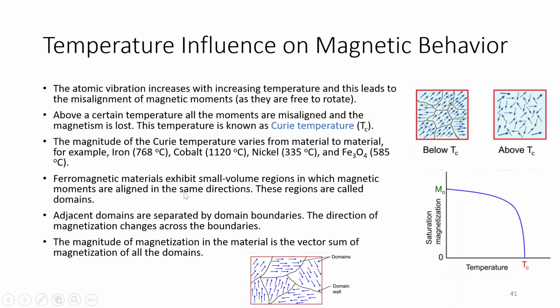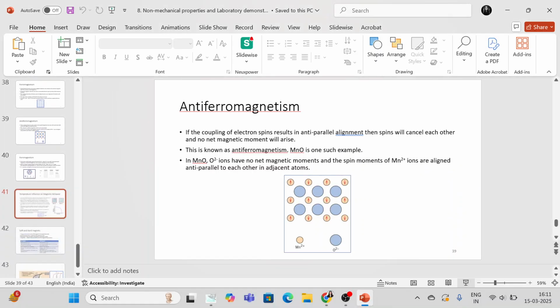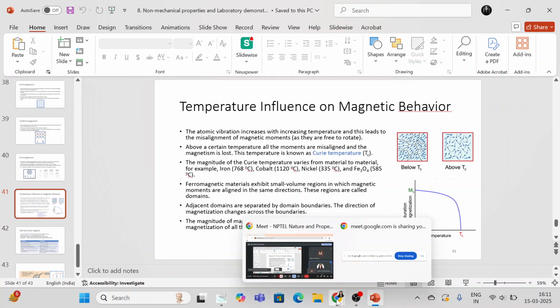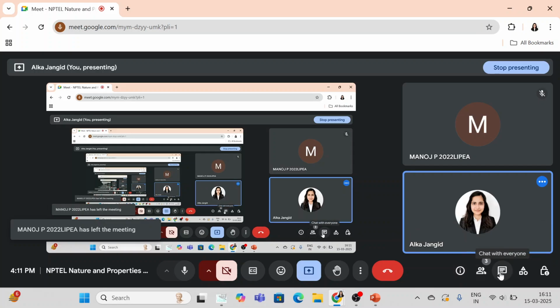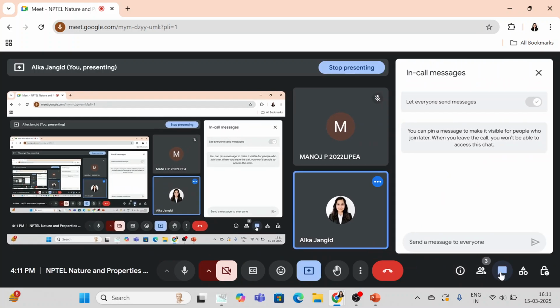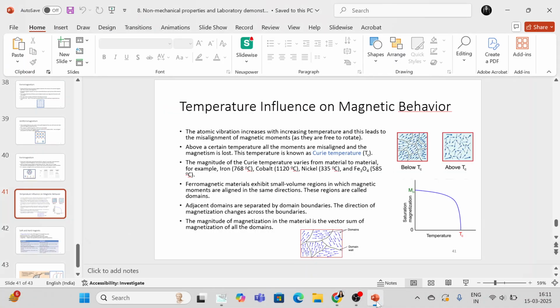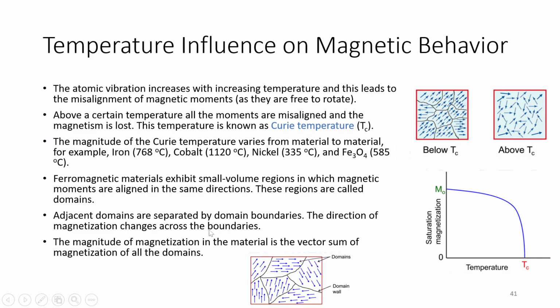So ferromagnetic materials exhibit small volume regions in which magnetic moments are aligned in the same direction, and these regions are called domains. The adjacent domains are separated by domain boundaries.